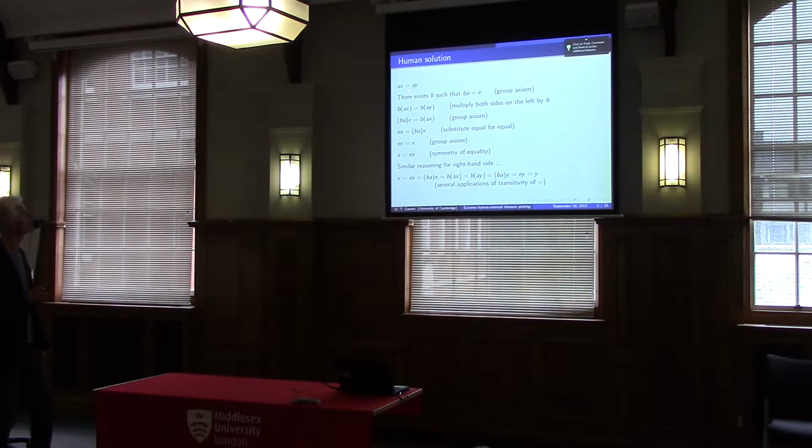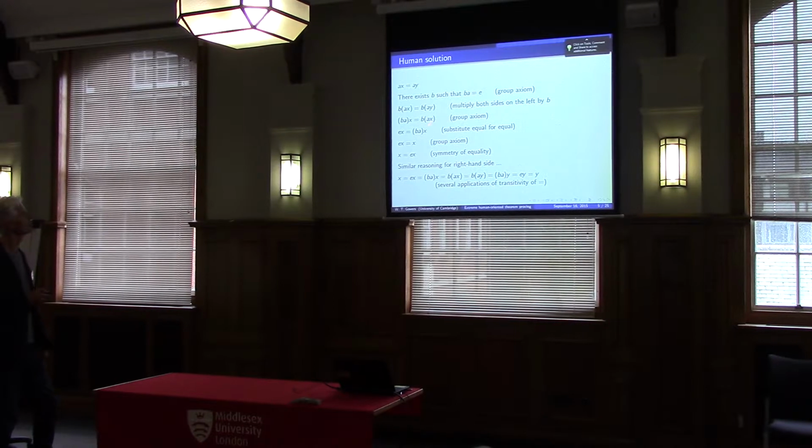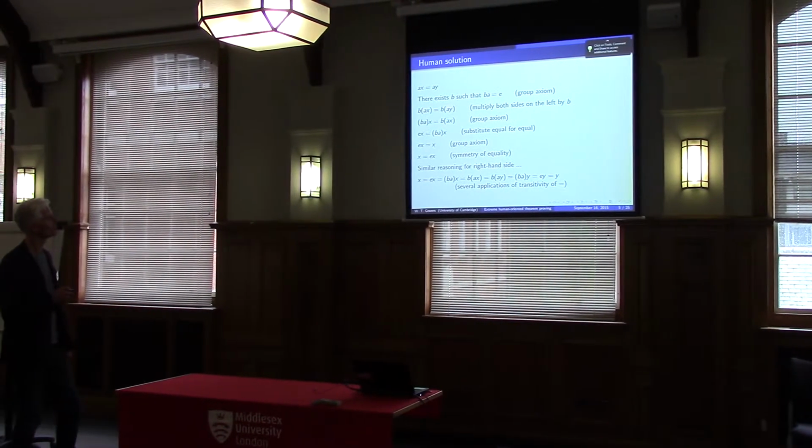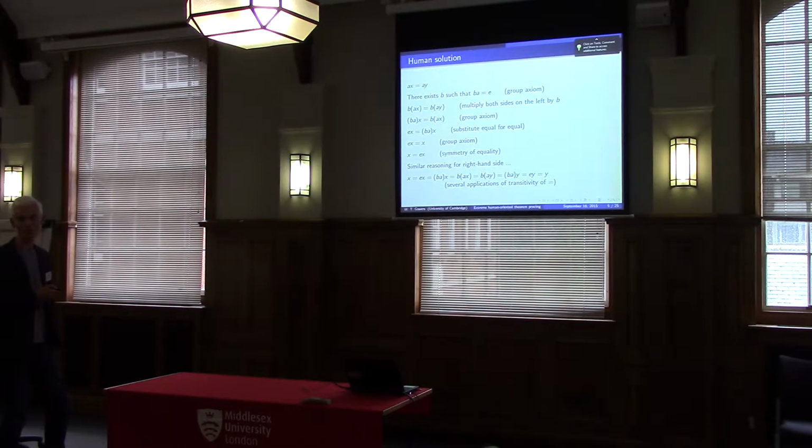So we start with that, and then we say there exists an inverse to a, multiply both sides on the left by the inverse, use associativity. Actually, a human would normally just use associativity quickly on both sides, but I'm spelling it out.